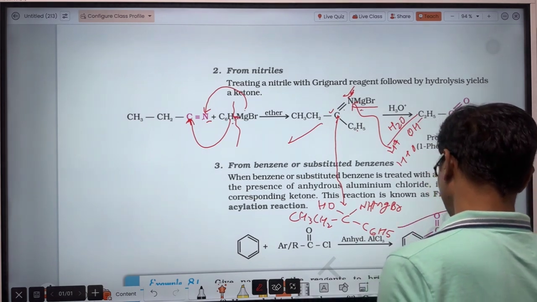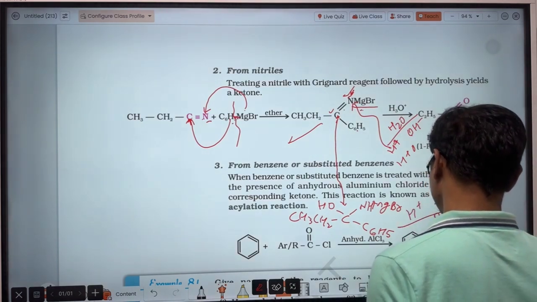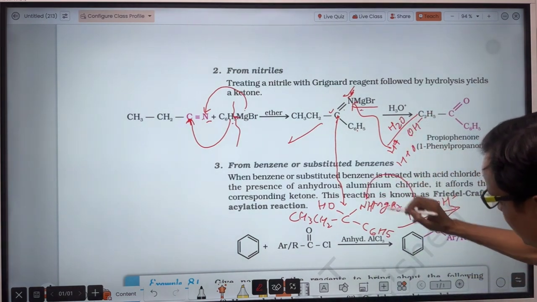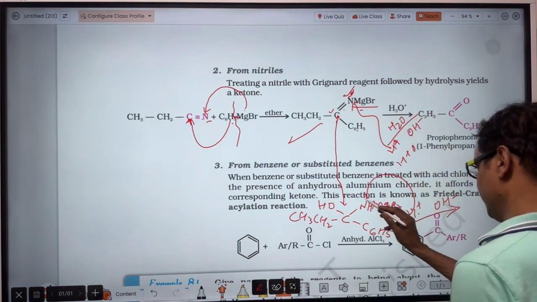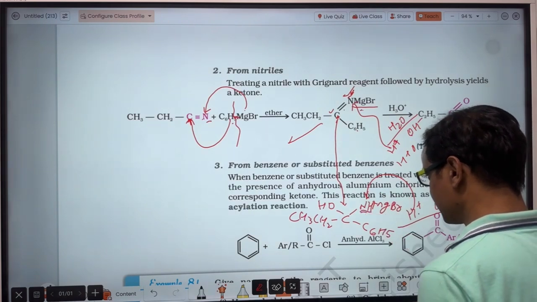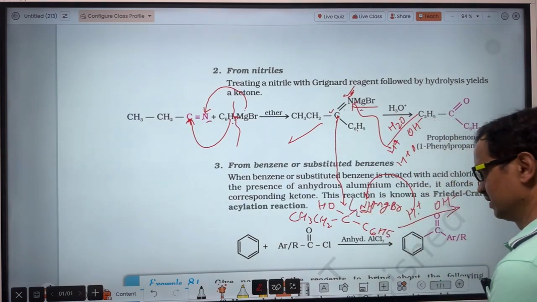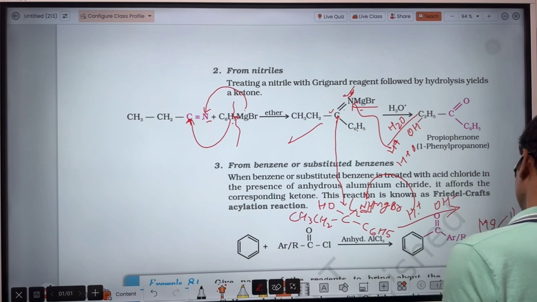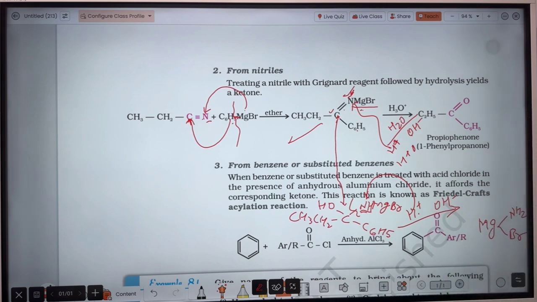Again, that will react with water, that is H plus and OH minus ions. When hydrogen H plus bonds to this one, it is converted to NH2, then the bond will dissociate from here. So NH2 is bonded to that magnesium, and that magnesium is bonded to bromine. With the magnesium, one amino group and one bromide group will be bonded.